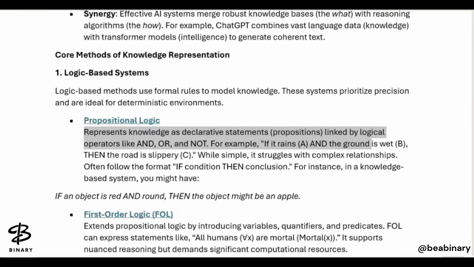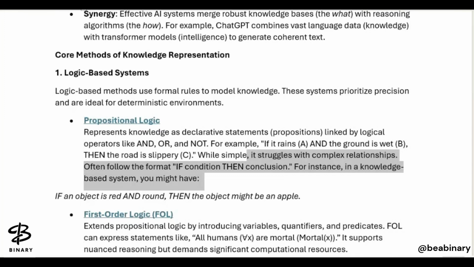For example, if it rains and the ground is wet, then the road is slippery. Both the conditions will be there, right? Rain should be there and the ground is wet, then the road is slippery. While simple, it struggles with complex relationships, and often follows the format if condition then conclusion when we are going to code it.